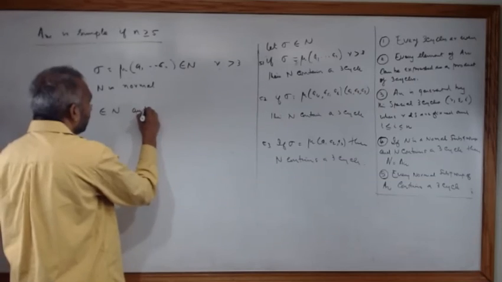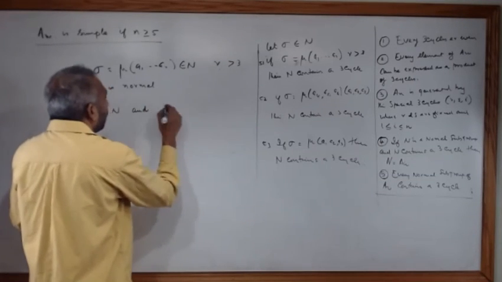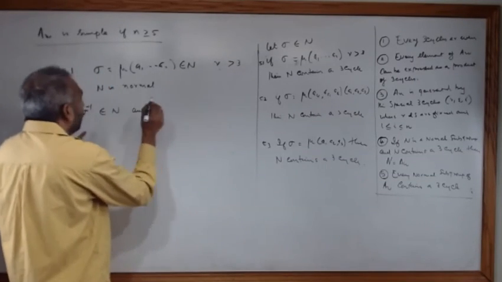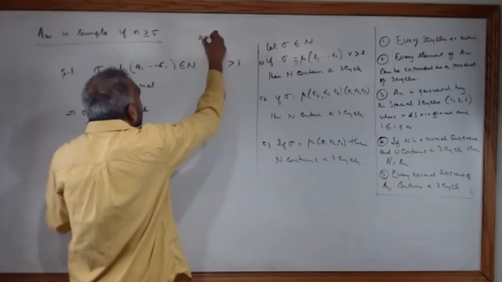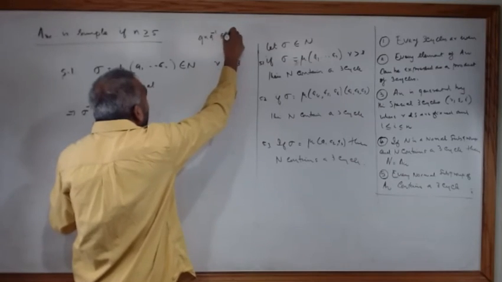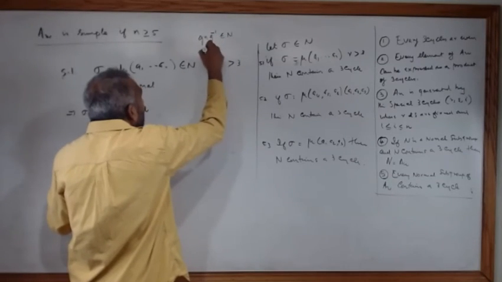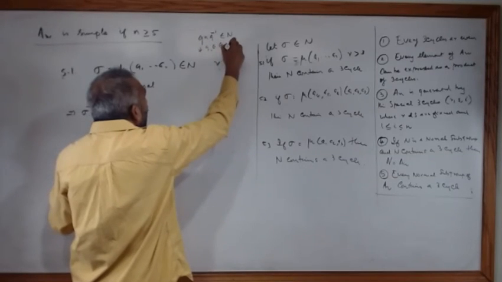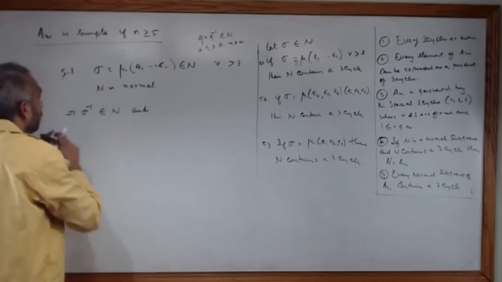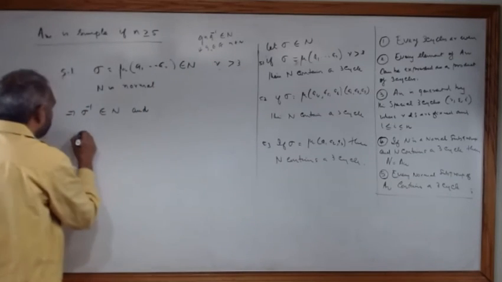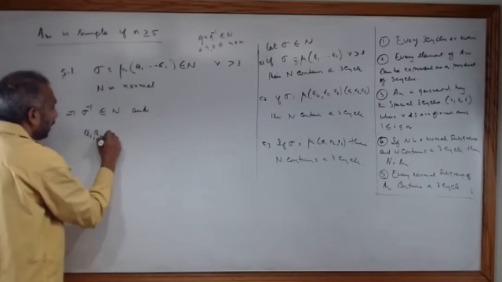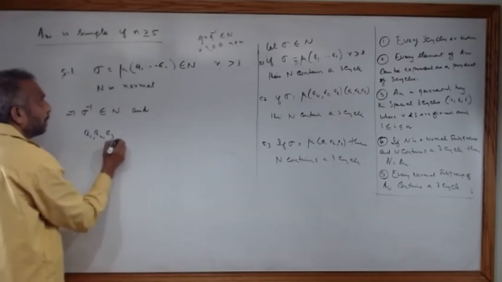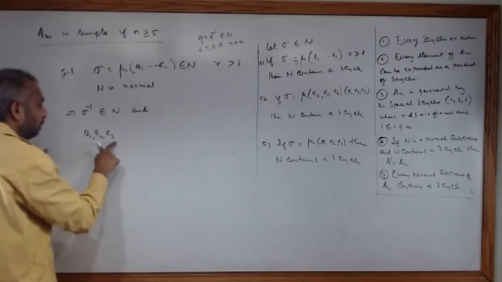And we are going to use the normality: g n g inverse belongs to N for all g in G and n in N. So we are going to take g as (A1, A2, A3). These three are already there because r is greater than 3, so definitely this will be there.